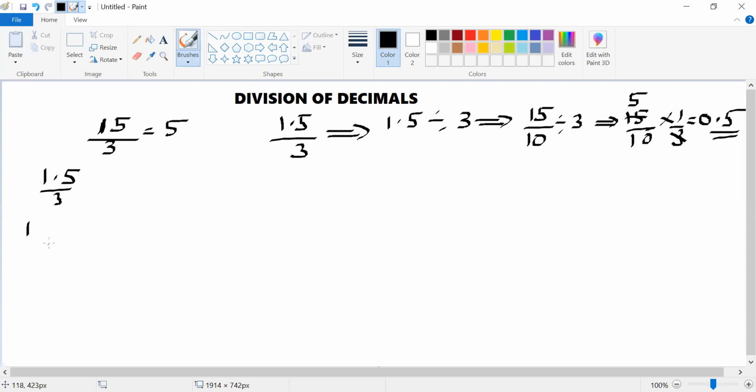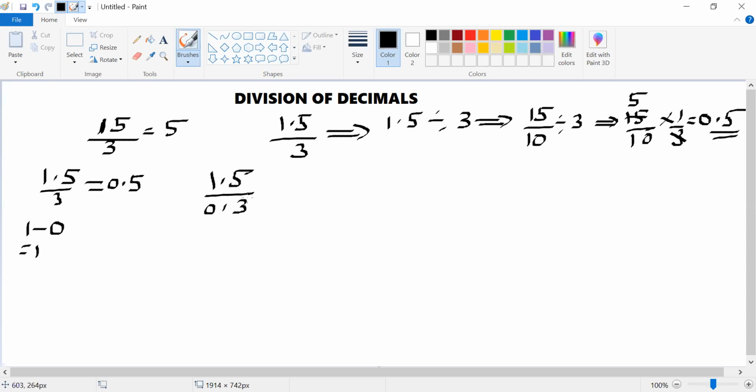Find the difference: number of decimal places in the numerator minus number of decimal places in the denominator. So 1 minus 0 equal to 1, so the quotient will have 1 decimal place. 5 will become 0.5.